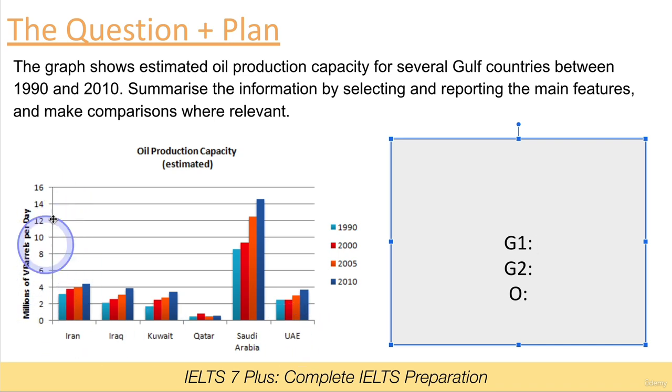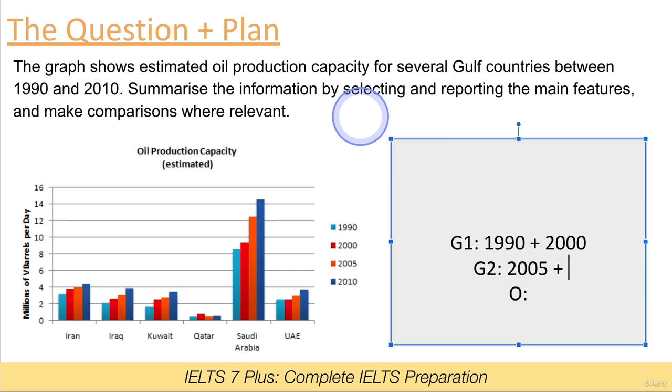You could group the amount of oil in millions of barrels, or you could group the years. So for this one, I might keep it really simple and group the years and talk about 1990 to 2000 and 2000, 2005 and 2010. So I'll just split it up into the two groups over the 4 years that are described here.